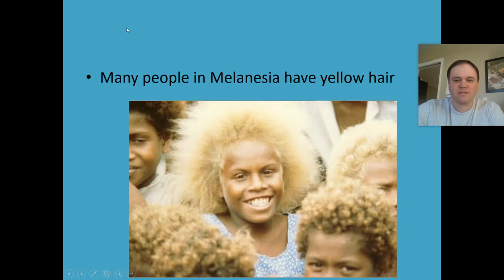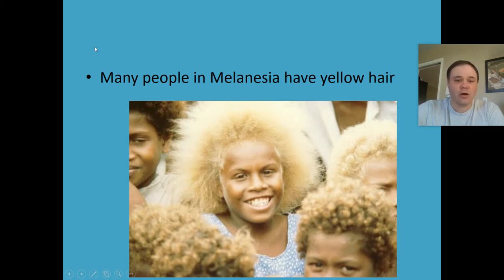We talked about this a little bit in Australia with the Aboriginals, where especially kids oftentimes might have kind of a yellow hair, and this really throws geneticists for a loop. They don't understand it because generally in the world, lighter skinned people might have the blonde hair, the light hair, and darker skinned people with more pigment.